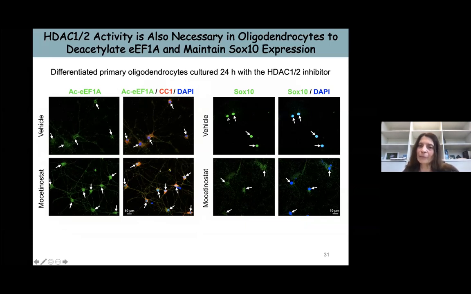And very amazingly, that was a really strong effect. We looked at the SOX10 level: SOX10 is almost totally relocalized to the cytoplasm, and the levels are very low. So that's a strong correlation again in oligodendrocytes.